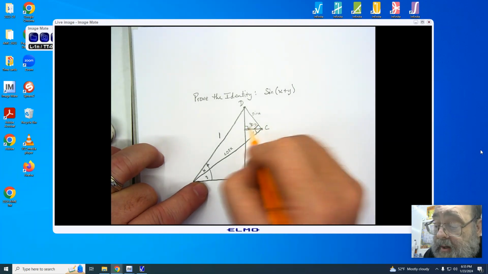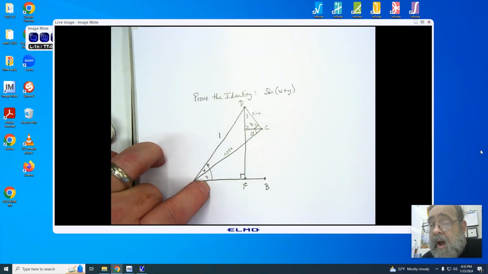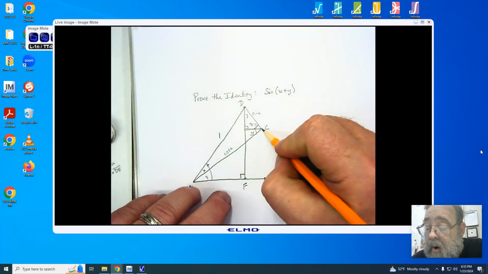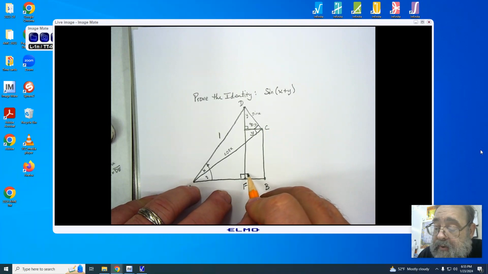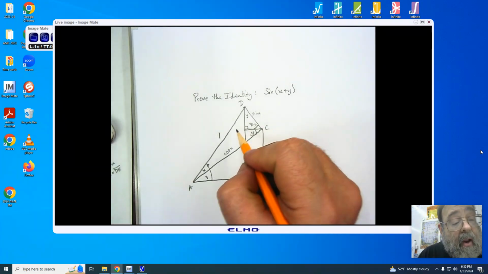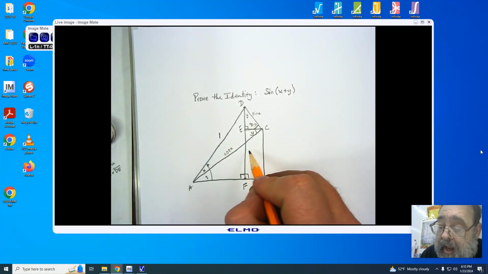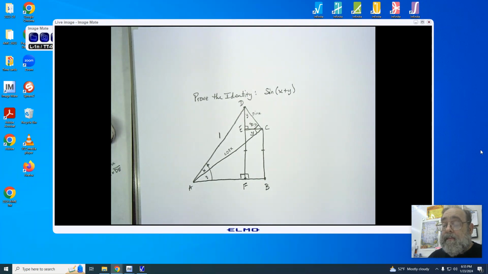If this is a right triangle, then this angle up here has to be y, because the two acute angles of a right triangle have to equal 90 degrees. If I then draw an auxiliary line down here called CB, it also is a right angle. And if I locate this point right here and call it E, EF has to be congruent to CB.